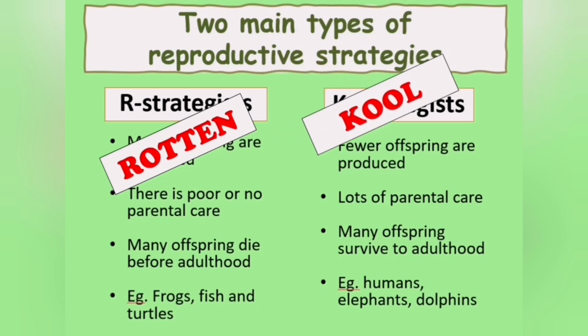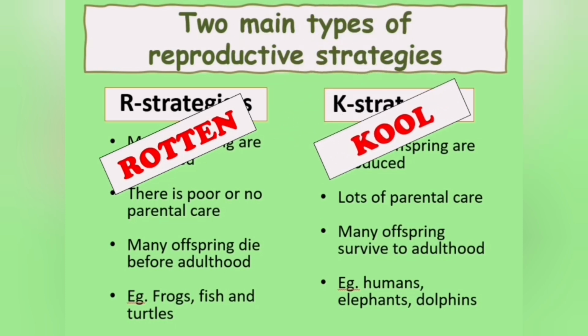The K strategist, yes, I know the word cool starts with a C, but cool parents, the K is just going to help you remember the K strategists are the cool parents that have less offspring, way more parental care, which means most of the offspring is going to survive to adulthood. Like I said, we see in humans and elephants and dolphins.